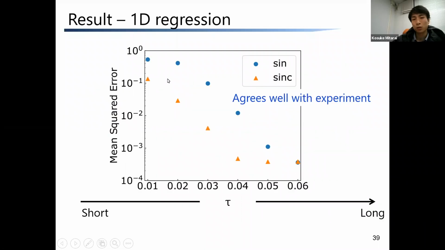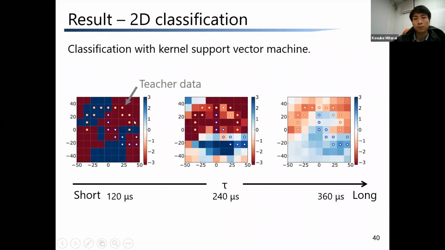And we can also plot the performance of this one-dimensional regression. And yeah, this agrees well with the experiment. We also performed the classification task using the kernel support vector machine.